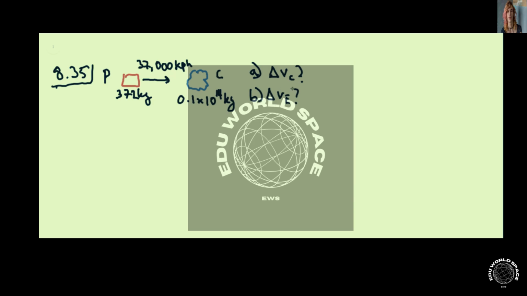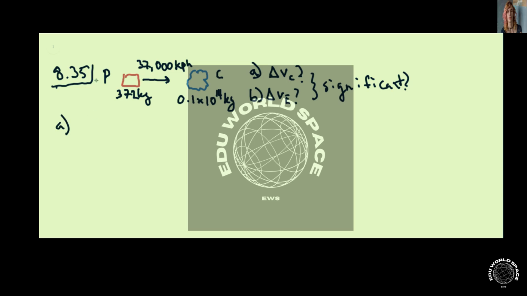And then in both cases, we want to know whether that would be significant. The comet is going to be moving at 40,000 kilometers per hour relative to the Earth, and the Earth's mass is also given, but we'll worry about those in part B.